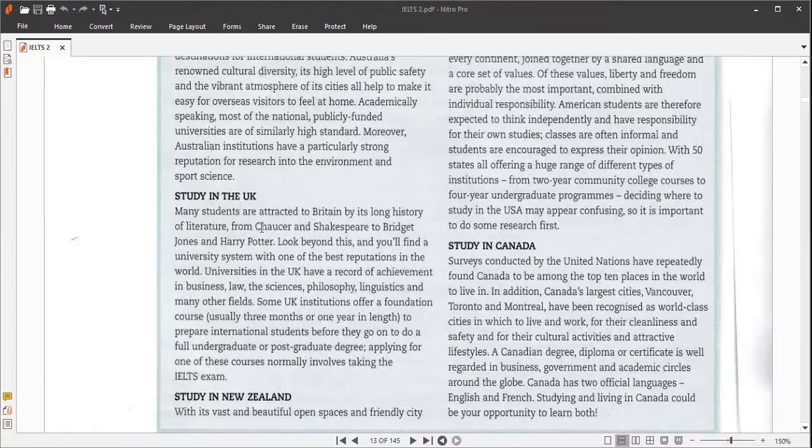Remember, you don't have to read, just swipe your eyes or your fingers around the text. Here we find some UK institutions offer a foundation course to prepare international students before they go on to do a full undergraduate or postgraduate degree.